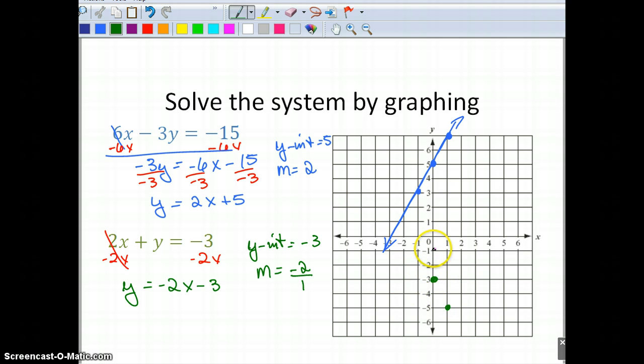Now I can go up 2 in the positive direction and 1 in the negative direction, just to give me more points using my slope.